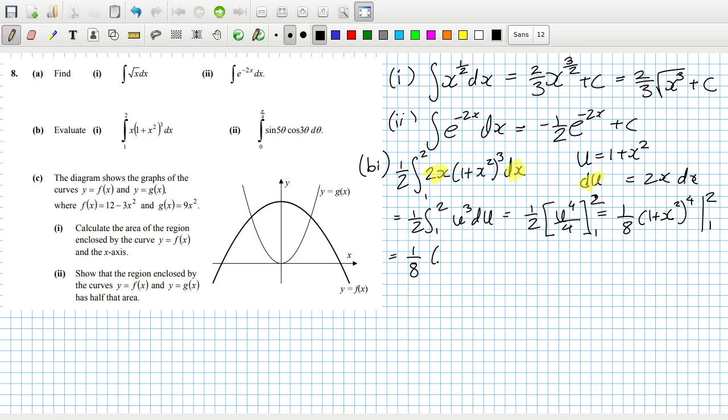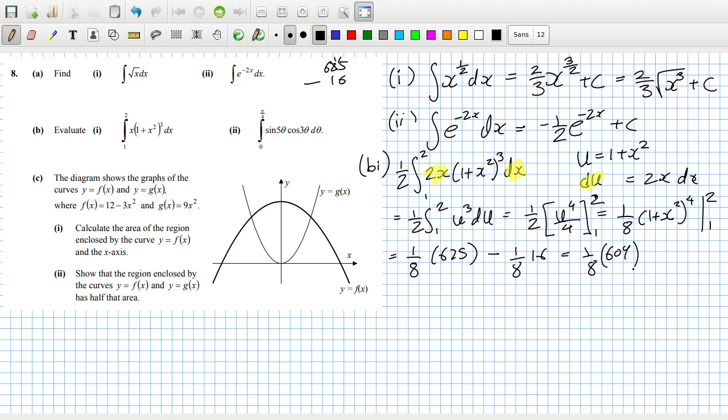So that's 625, I think, 5 power 4. And then minus, and I put 1 in. 1 squared is 1, plus 1 is 2. 2 power 4 is 16. So that would be 1/8, and then 625 minus 16. So that's 609.